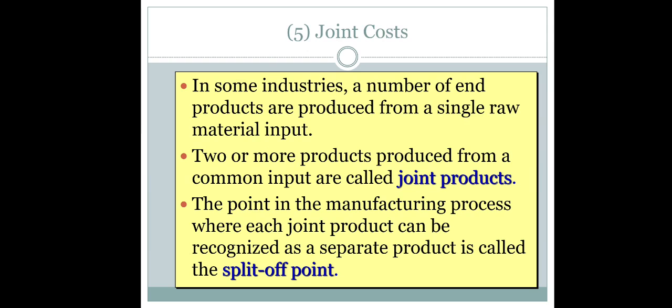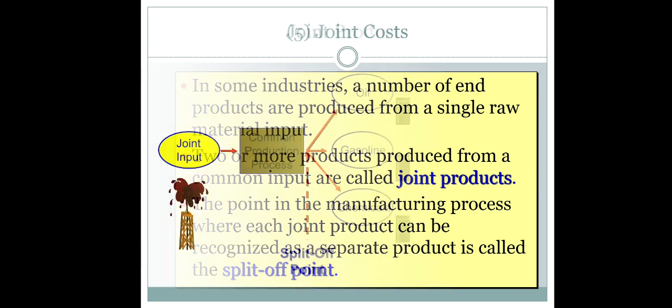For example, chocolate bar, chocolate drinks, and maybe chocolate cream. So one raw material can be used to produce more than one finished product. That always happens. So if that is the case, two or more products produced from a common input are called joint products. And the point in the manufacturing process where each joint product can be recognized as a separate product is called the split off point.